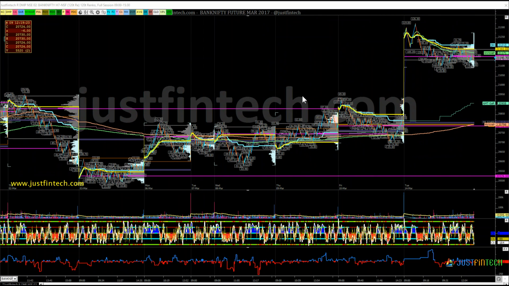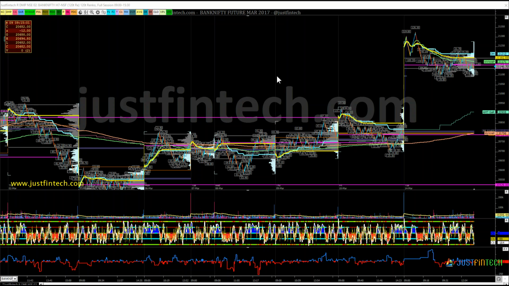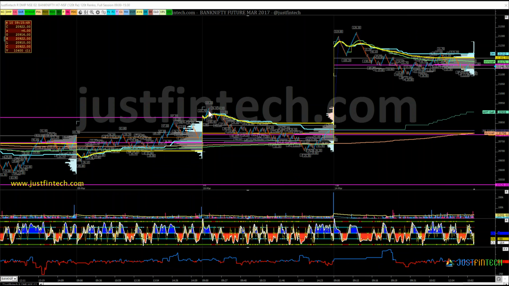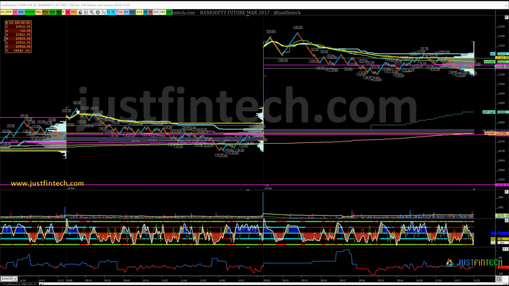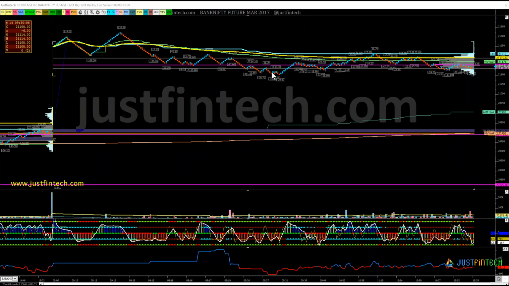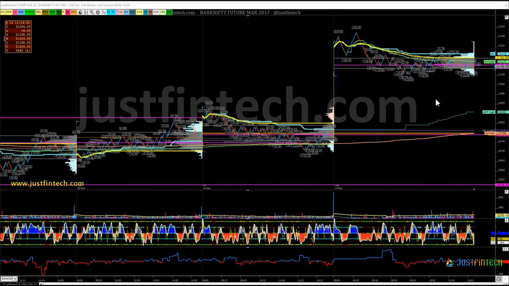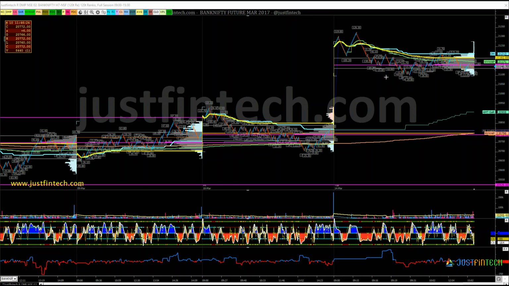Yeah, so this high cannot be considered. We'll consider this high because the gap is with respect to the previous day, so expecting it to go into that, in case it fails to stay above this.